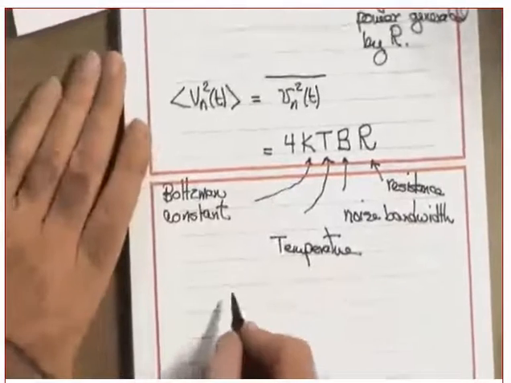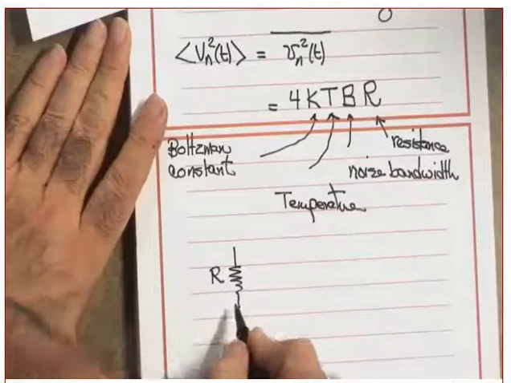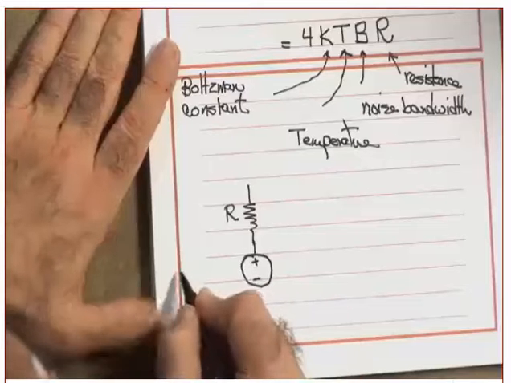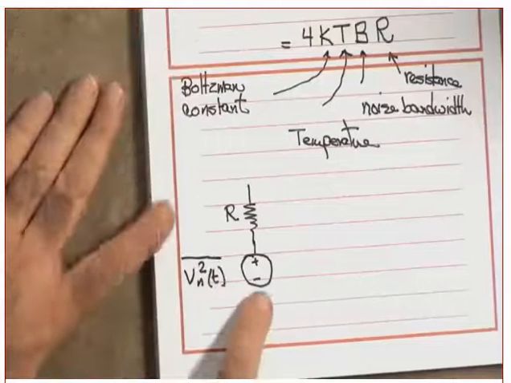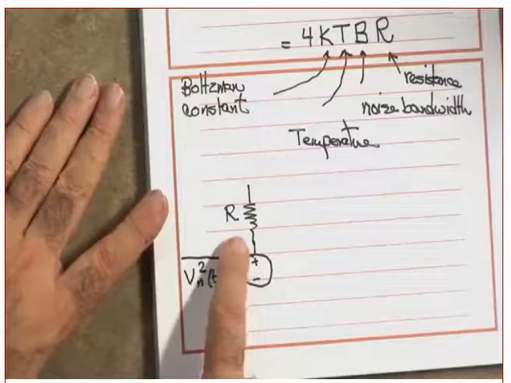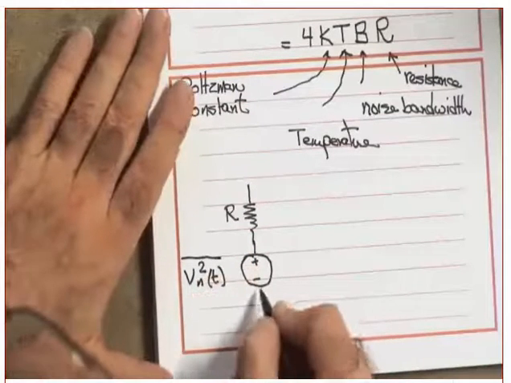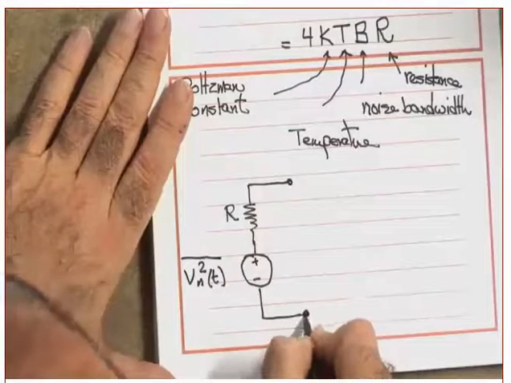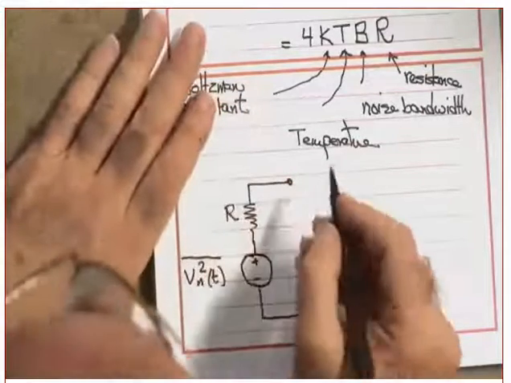So now what I have is R, associated with a noise source. Notice, if this is the power, the voltage is the square root. But I'm writing it as a power source. This is the source, and I'm going to add a load.